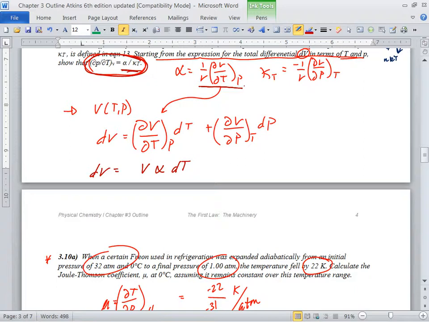So I need to get alpha and kappa t in this ugly mess. That's how I got my alpha in. And how do I get my kappa in here? Multiply by a negative v. Do you see that? Because negative v times kappa t would be this.